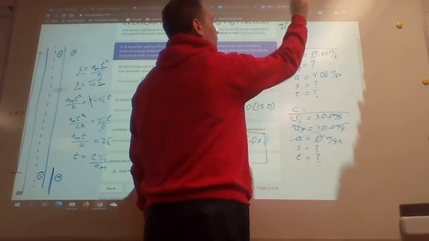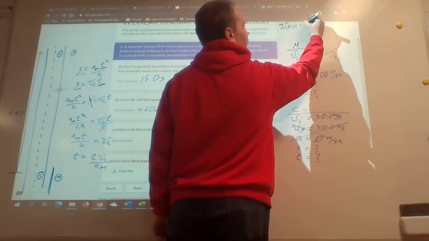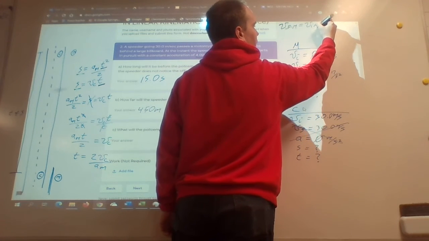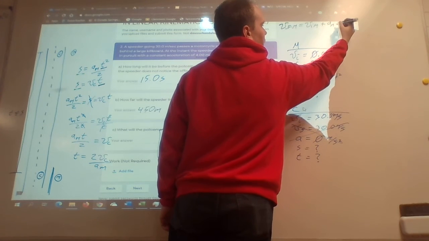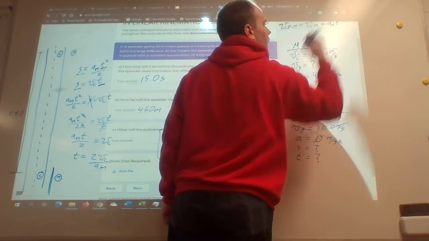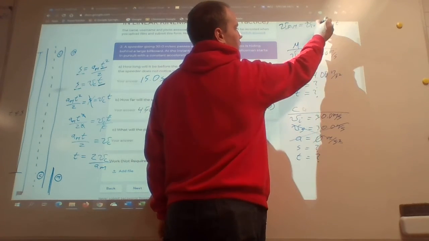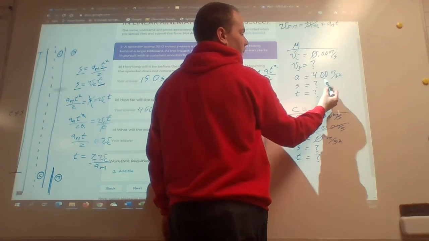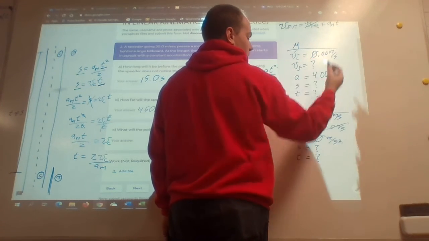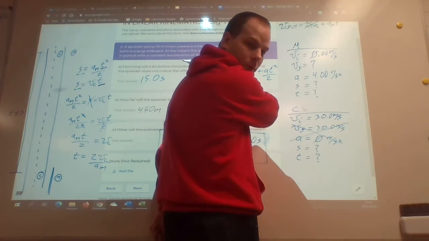Yes. Okay, super. So the final velocity of the motorcycle is equal to the initial velocity of the motorcycle plus the acceleration of the motorcycle times the time that it took. We know the initial velocity is 0. We know that the acceleration is 4, and we now know that t is 15.